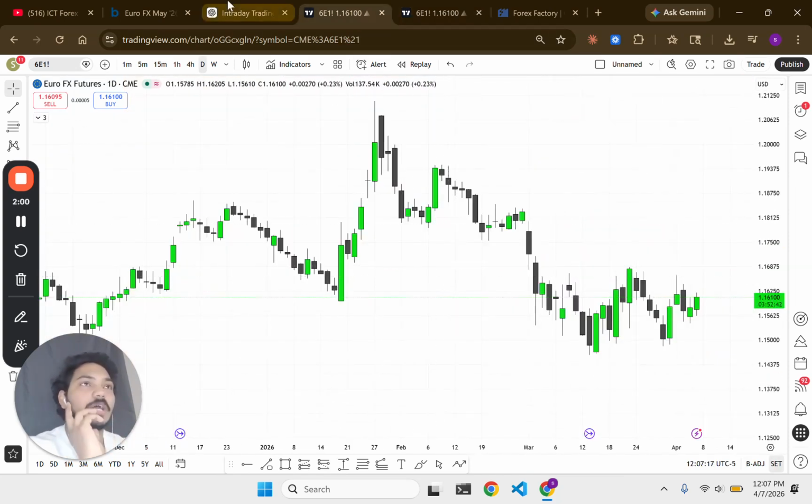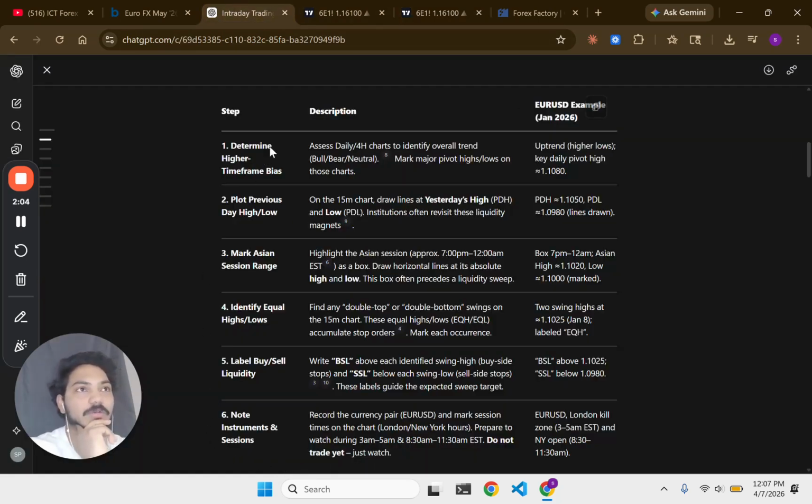So I'm following this workflow. First, determining higher time frame bias, using daily and 4-hour charts to identify the overall trend, then plotting the previous day's low and high, and later jumping on to the 15-minute chart. After that, we move on to the Asian session range and mark the highs and lows, and any liquidity pools or equal highs, equal lows, like double top, double bottom.